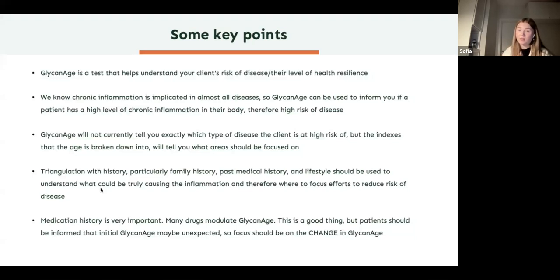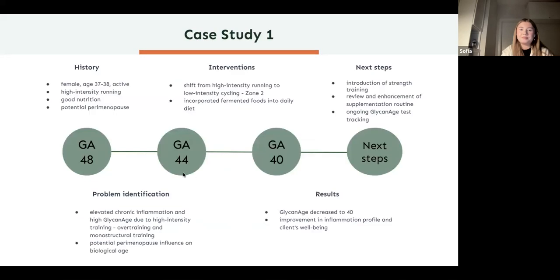So we need to be aware of the medication that your client is on, so you can understand whether the result of the GlycanAge is a result of the medication or the actual GlycanAge of your patient and the lifestyle efforts they've been doing. And let's just quickly go through the case studies that we have prepared for you.